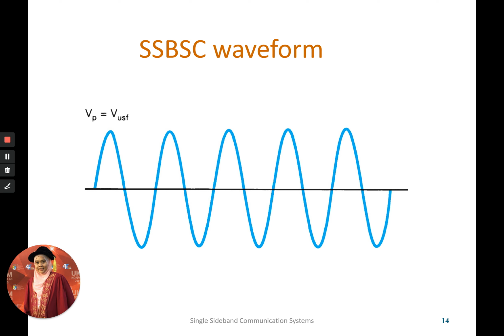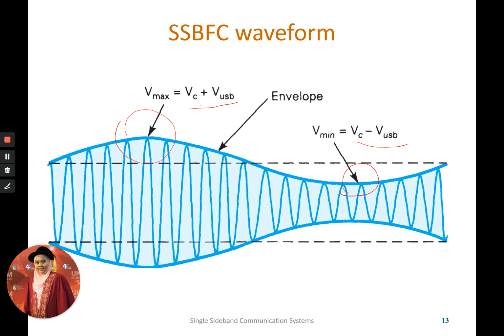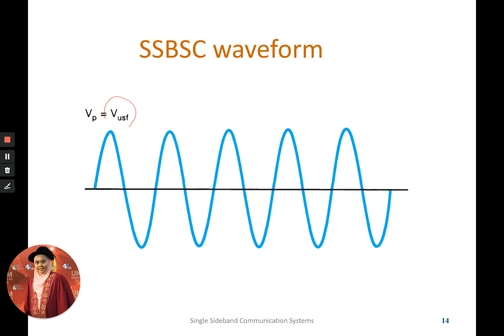So the amplitude of the signal will be the amplitude of the sideband itself. This SSB suppressed carrier waveform doesn't give the shape of an envelope, unlike the double sideband system that we learned in chapter 4. So it is a little bit different for the SSB suppressed carrier.